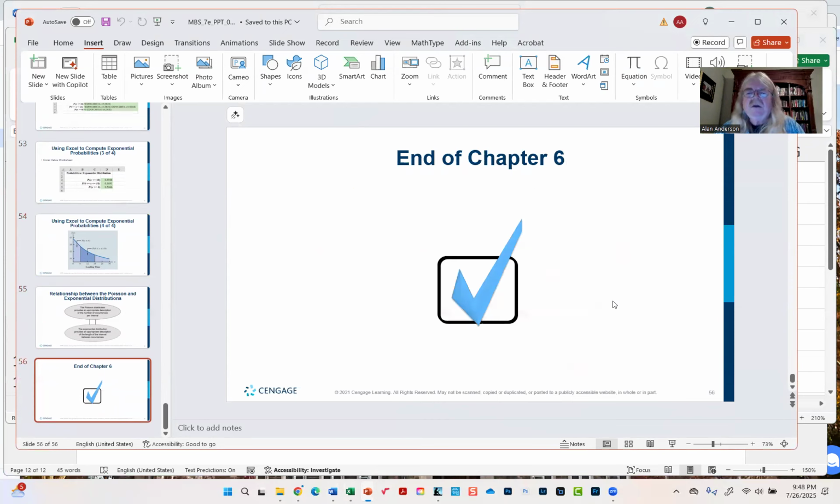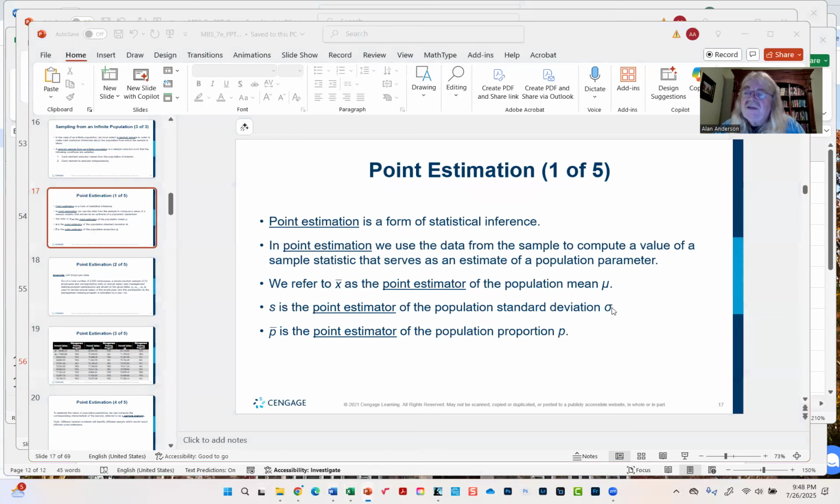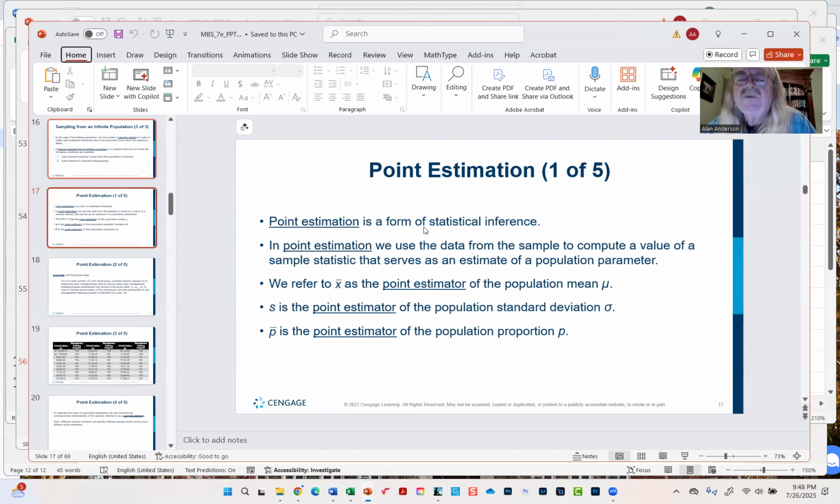Anyway, so now we can go ahead and think about what's coming next, chapter 7. Now, as it turns out, chapter 7 is heavily based on the normal distribution. Okay, so since it's fresh in our memories, that helps enormously.